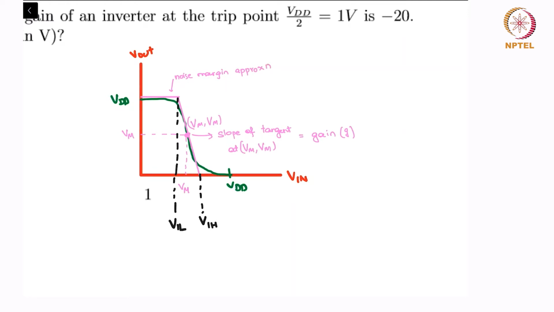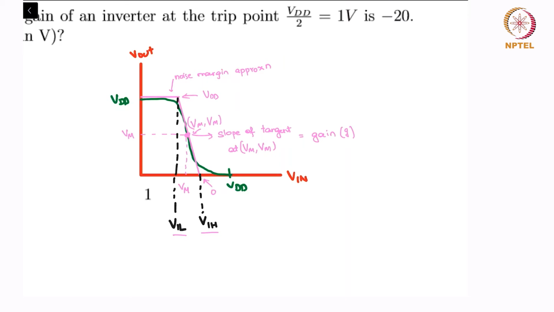This is the noise margin approximation, and the way to construct it is to simply draw a tangent at this point Vm comma Vm, and extend the tangent until it hits VDD, and extend the tangent on the other side until it hits x-axis 0, right? The x-intercept on the 0 side is VIH, and the x-coordinate at the VDD intercept is VIL.